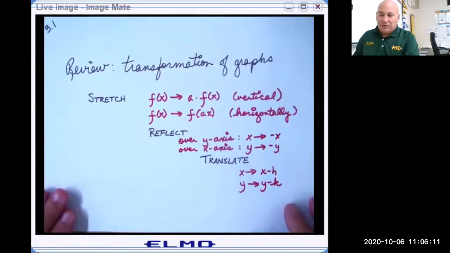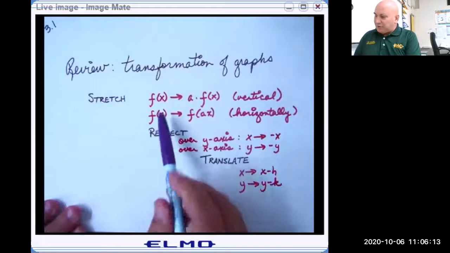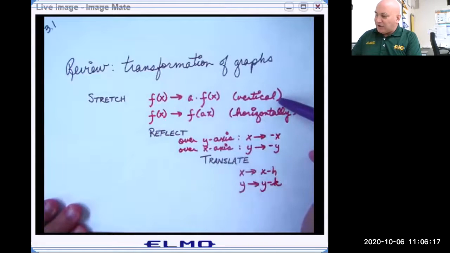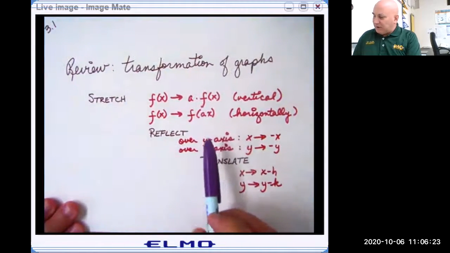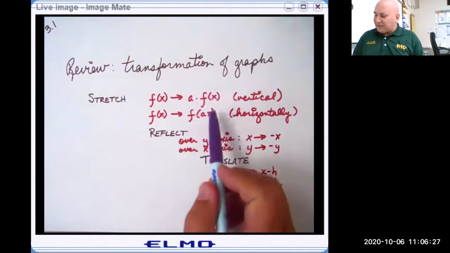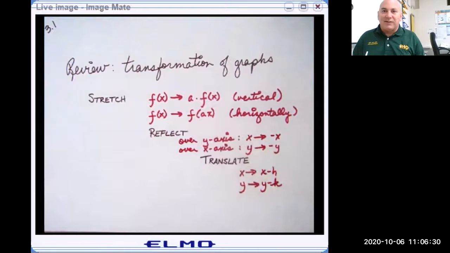So let's start with a review of transformations. Remember, if you multiply a function by a constant a, that causes a vertical stretch to the parent graph f of x. If you multiply x times a, you're going through the x's a times as fast, so it will take 1/a as long.